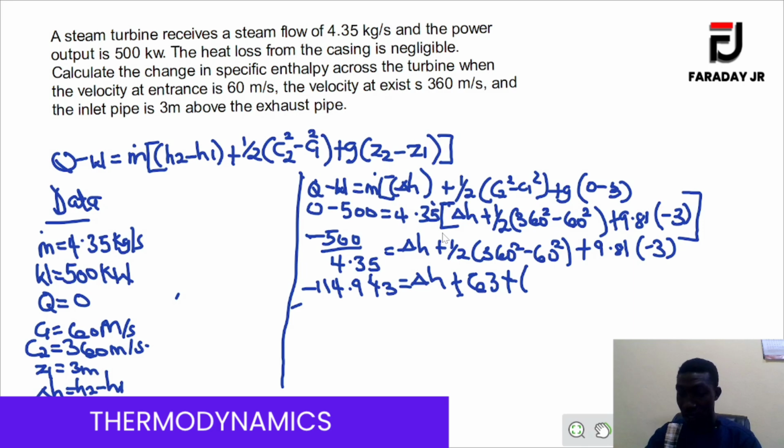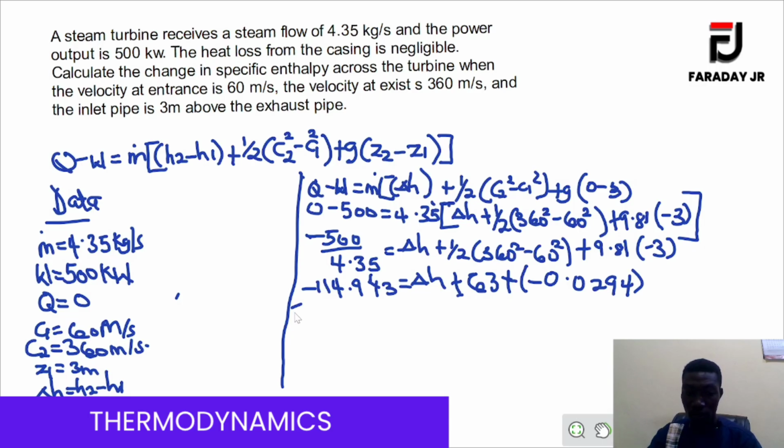So over here we're going to have negative 0.0294, because it's in kilo. Don't forget that.